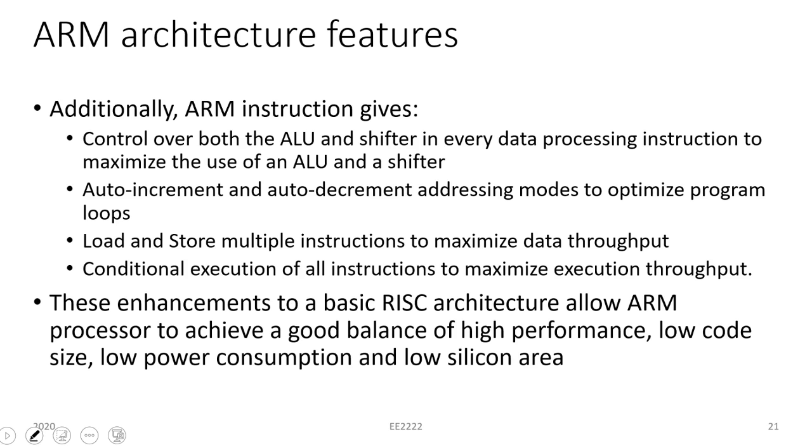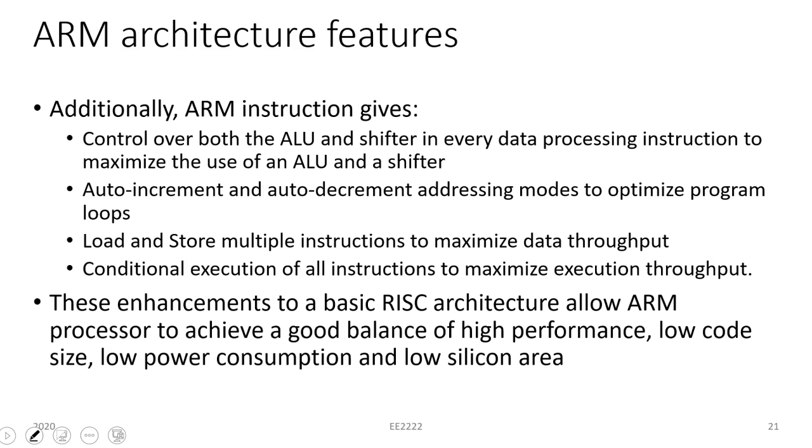But in addition to that, there are certain additional ARM instructions that can provide advantages in terms of maximizing the use of the ALU and shifters, certain auto-incrementing addressing modes, certain multiple load and store instructions, and conditional execution.